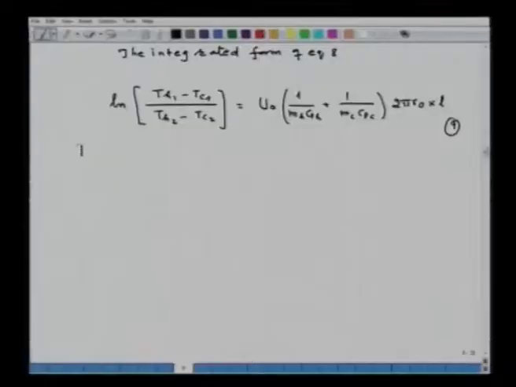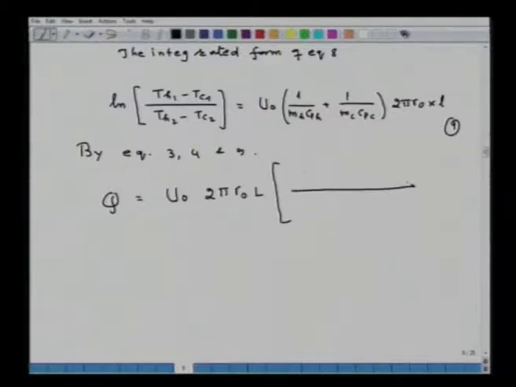So, by equations 3, 4 and 9, we get Q equal to U0 2 pi R0 L into ((Th2 minus Tc2) minus (Th1 minus Tc1)) upon ln((Th2 minus Tc2) upon (Th1 minus Tc1)).